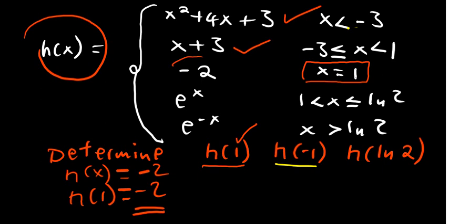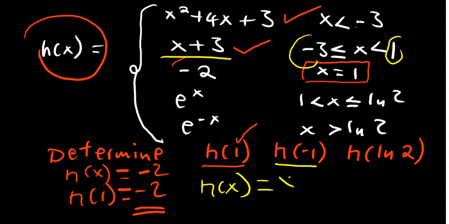No, it's bigger. So this one is saying between negative 3 and 1. So do we have negative 1 between negative 3 and 1? Yes. So we are going to use that equation, which is saying h of x is what? x plus 3. You plug in negative 1. So negative 1 plus 3, which is giving us 2.